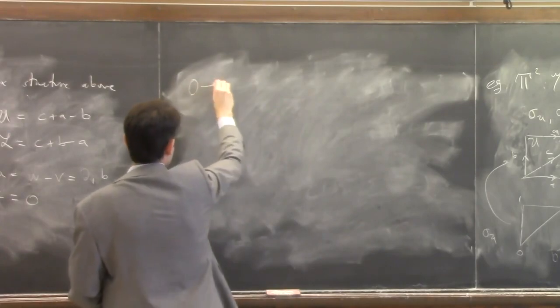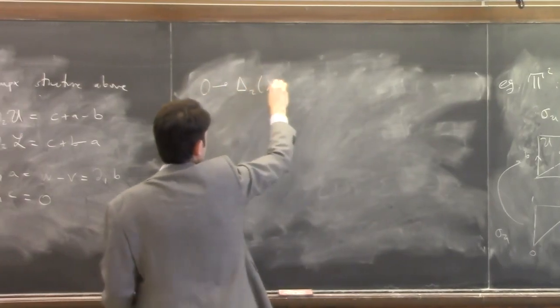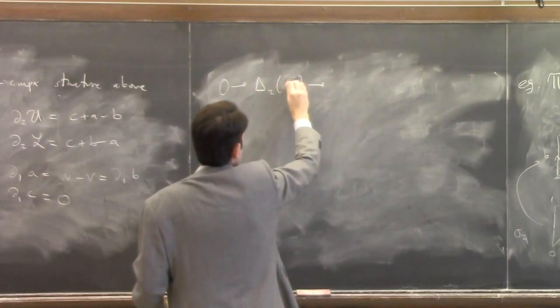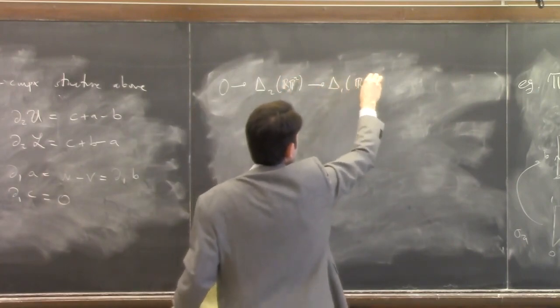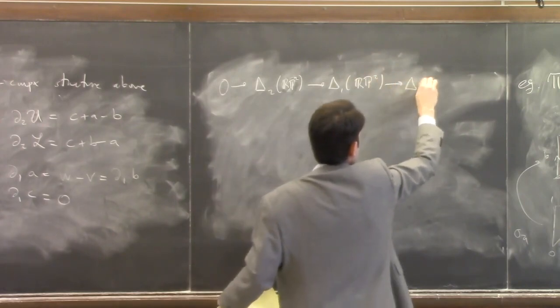we start out with our chain complex. It only has delta 2, delta 1, delta 0.